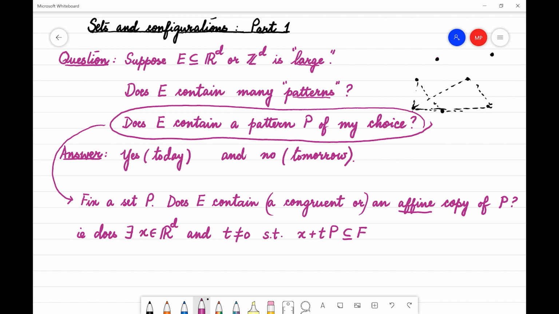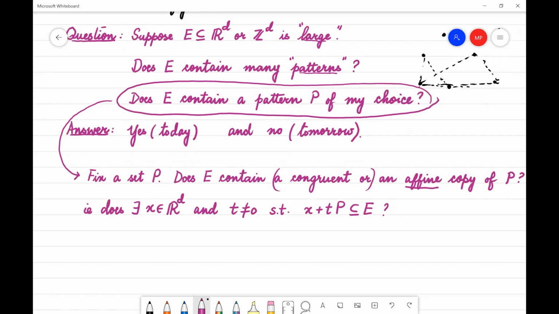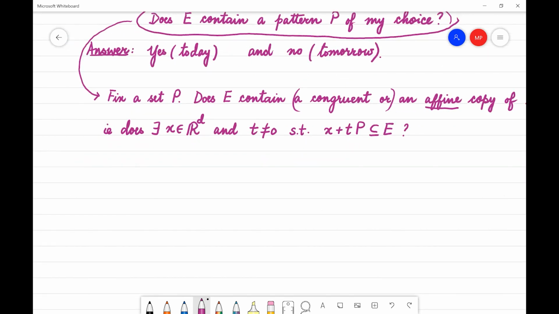Of course, this is just one rendition. You can always also throw in rotations and stuff, but I'm just going to keep things simple for now. Okay, I'm going to write down some examples of P. What kind of patterns are we interested in? So these are examples.